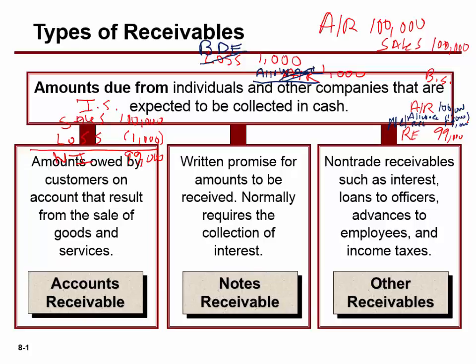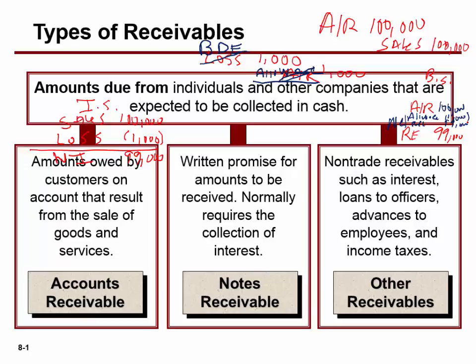So now my receivable is showing $99,000. Meanwhile, you just told me that I'm only going to collect $90,000 of that, right? So we've got a problem, because we're not going to collect $99,000.